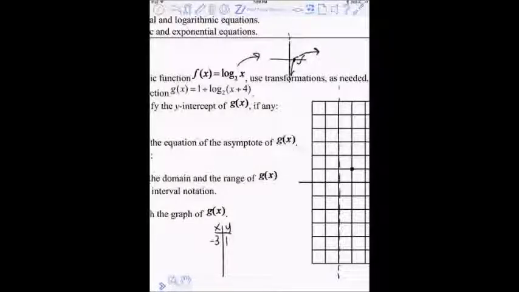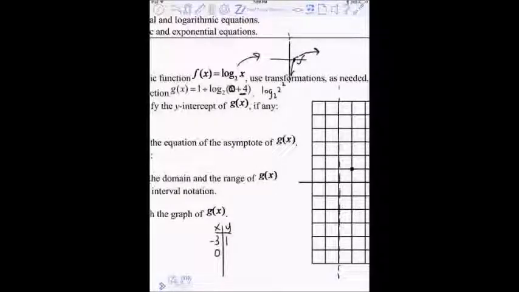Now, if I were to plug in 0 for x, now I'm not just choosing random values, even though 0 is often a nice number to use. I chose 0 specifically because when you add 4, then obviously you're going to get 4. And the log base 2 of 4 is the same thing as the log base 2 of 2 squared.